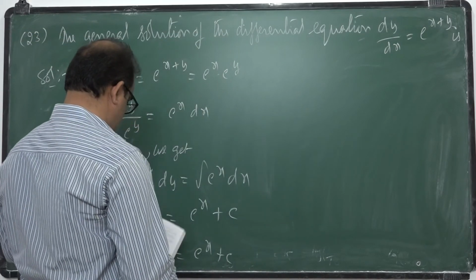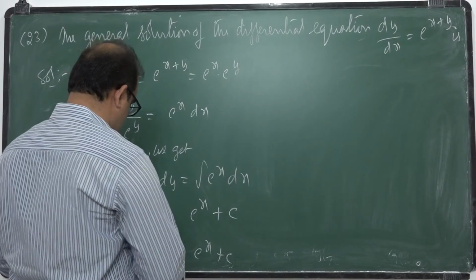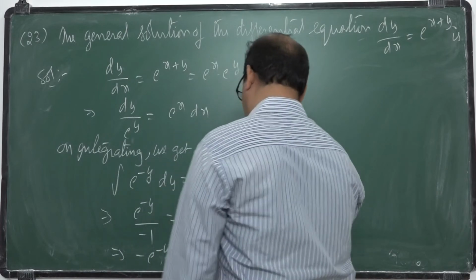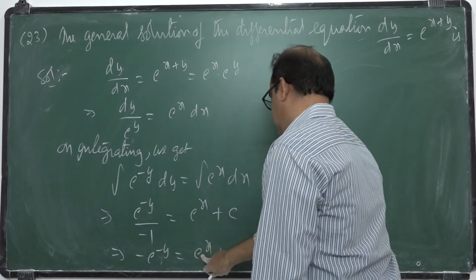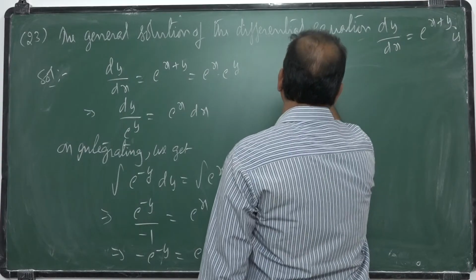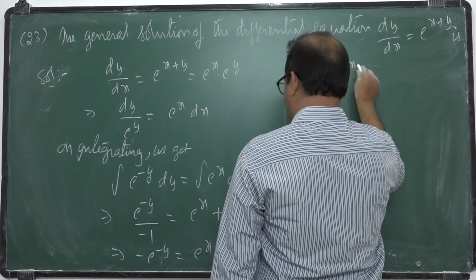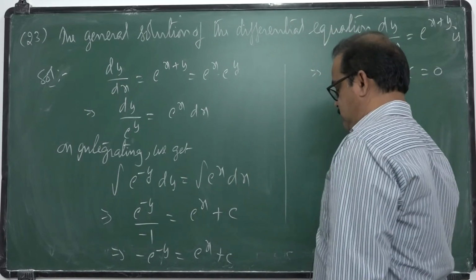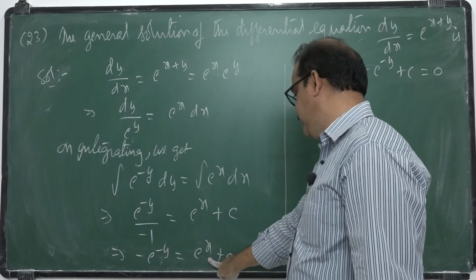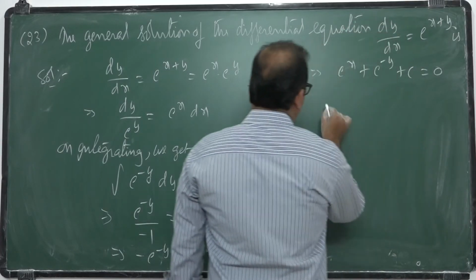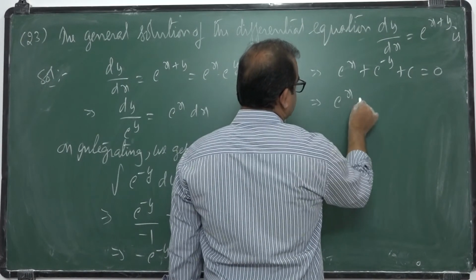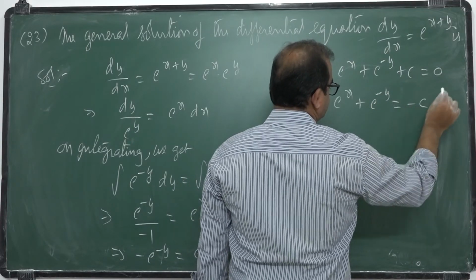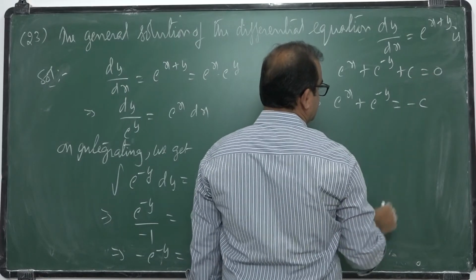Okay, take this minus e power minus y to the right hand side. It becomes e power x plus e power minus y plus c is equal to 0. Take this constant to that side.